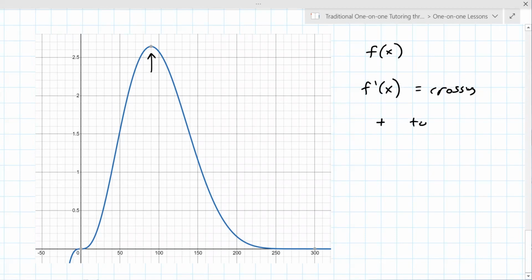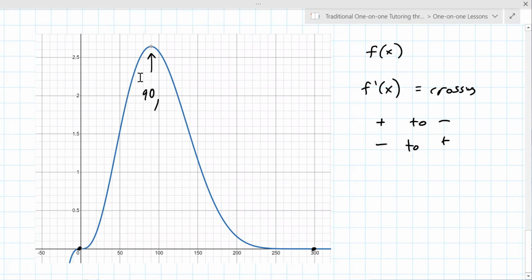It goes from positive to negative, that tells you something, or negative to positive, that tells you something. What I'm trying to say is that it only has the two critical points that we already know about. And this one has a critical point here. I think it's at 90.